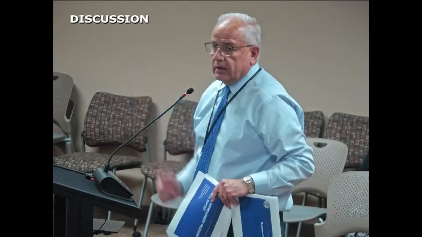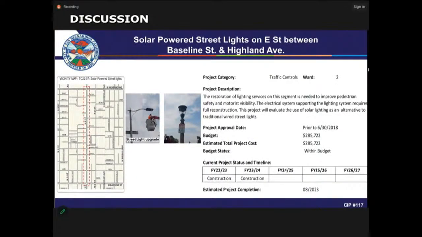This is the project that I discussed earlier. I don't think the Inland Empire has a system like we have here on E between Baseline and Highland. As you can see, what we did at this location is basically retrofit the existing lighting system with solar, because if we replaced the existing conduits, took them out, and pulled new cable, the project would cost up to $1 million.